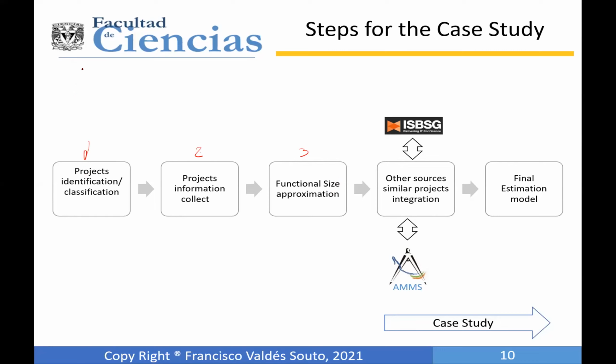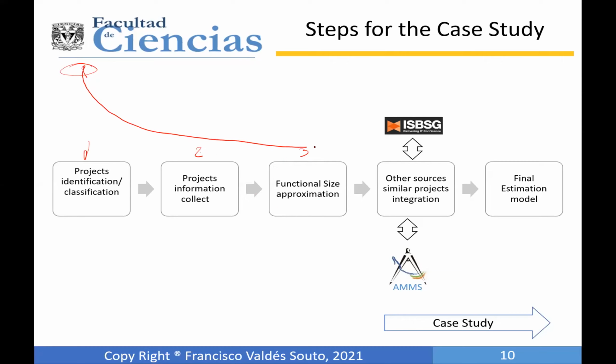So the number of projects at the beginning is here, and this falls down to that point. That means that at the beginning, if we identify all the projects and collect information, not all the projects identified have all the information, so the number was reduced, and then we have to approximate size. Not all the projects that we get information about could be measured or approximated.